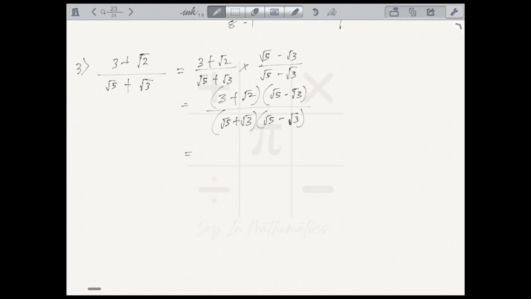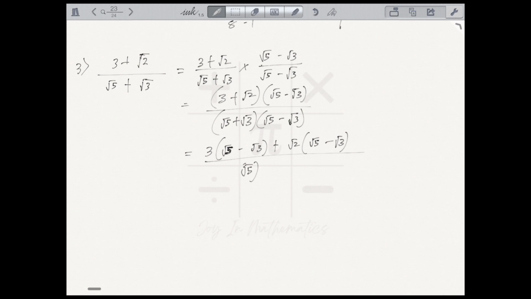So we apply it to the numerator and say 3 root 5 minus root 3 plus root 2 times root 5 minus root 3, and the denominator now will just be conjugate surds multiplied by each other.